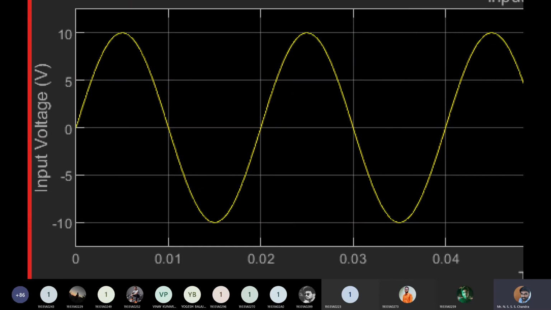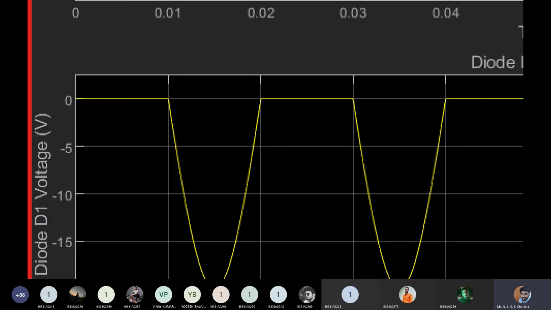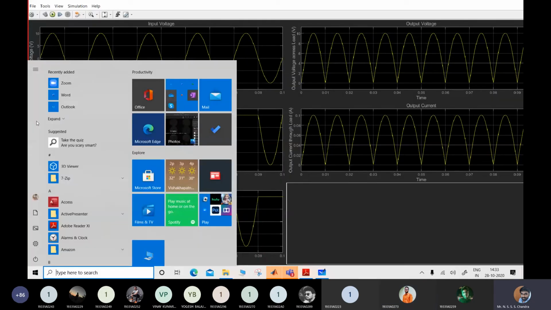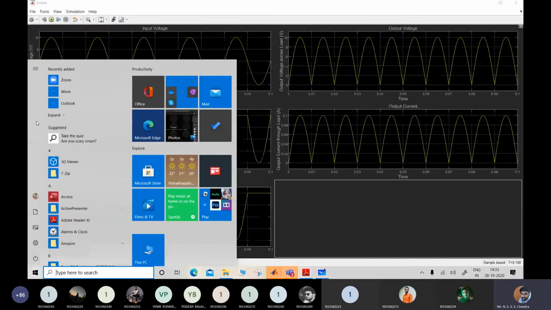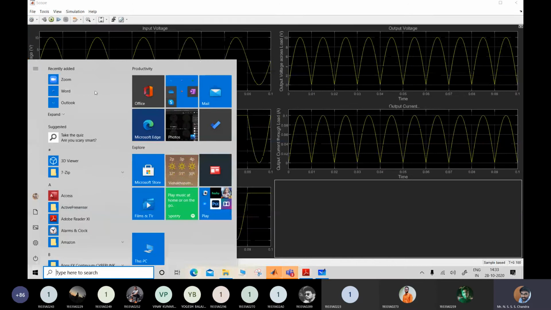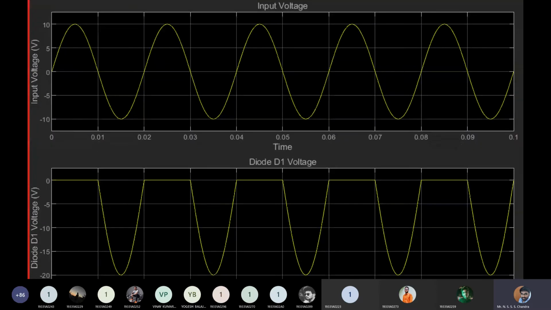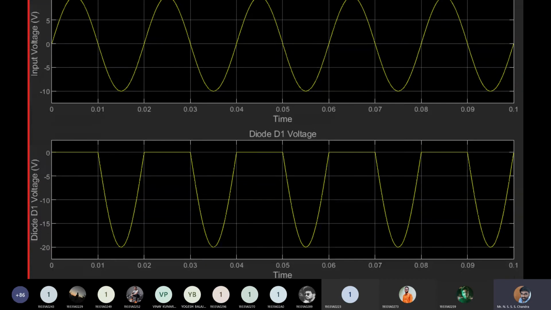Minus 10. Giving 10 volts as the peak input voltage, you are getting minus 20 volts in reverse bias.